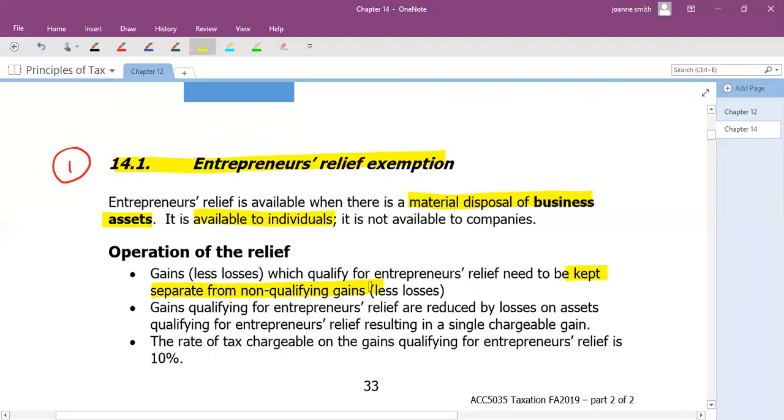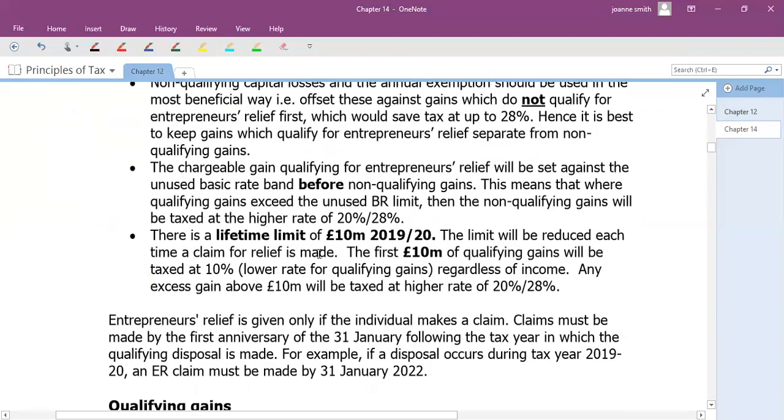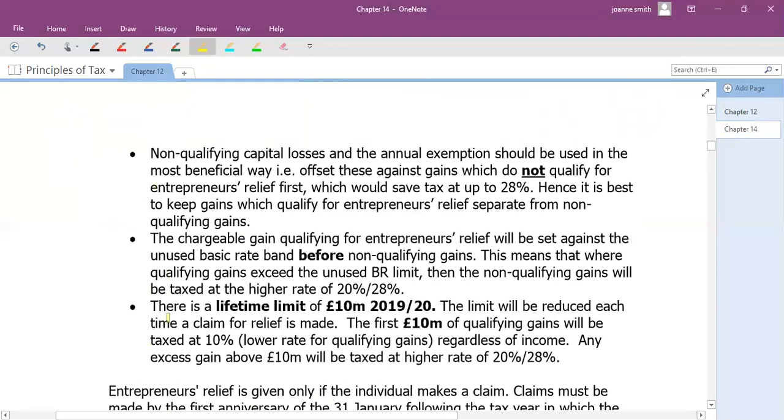Now, what do we do to claim the relief then? Well, we're going to look at how to calculate it, but basically in simple terms, any gains that qualify for this relief will only be taxed at 10%. Now, it's available for all of these business assets, but if we just scan down to this 3rd bullet point here, it's up to a lifetime limit of 10 million.